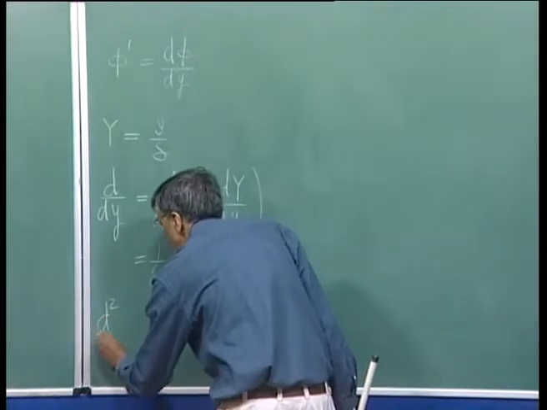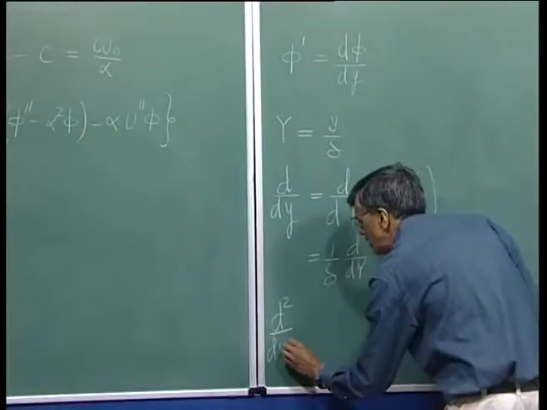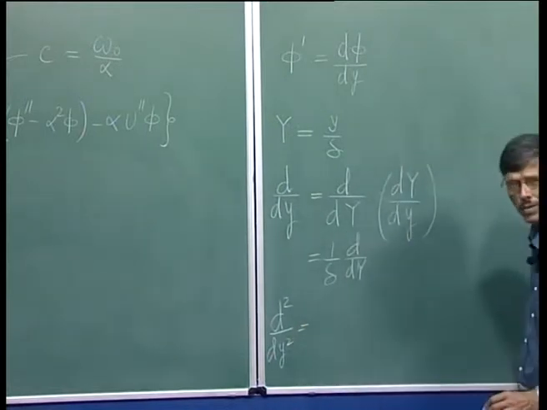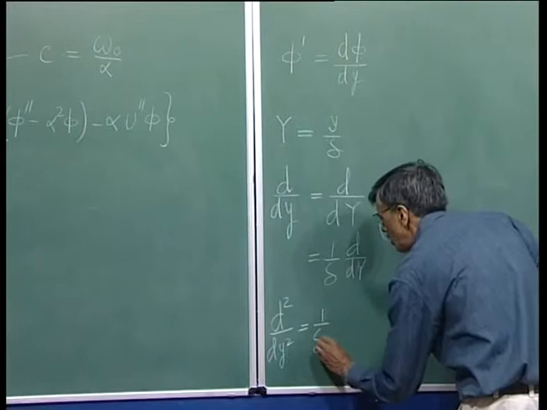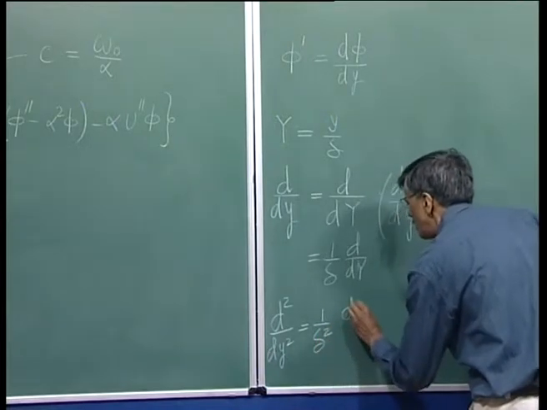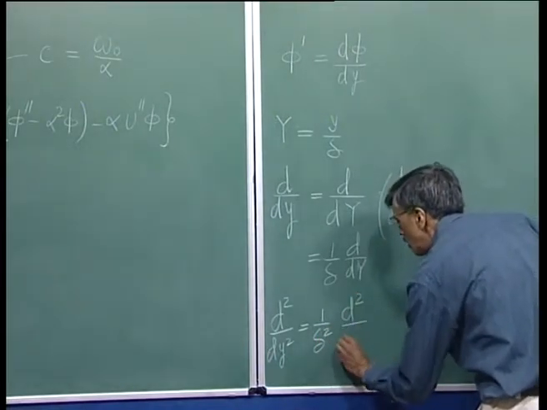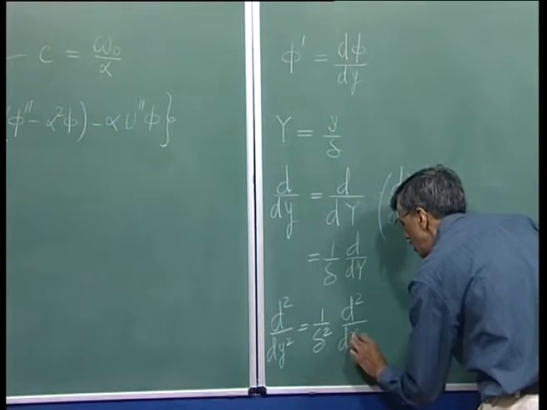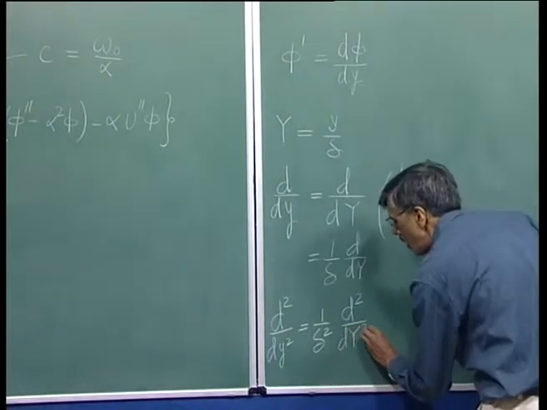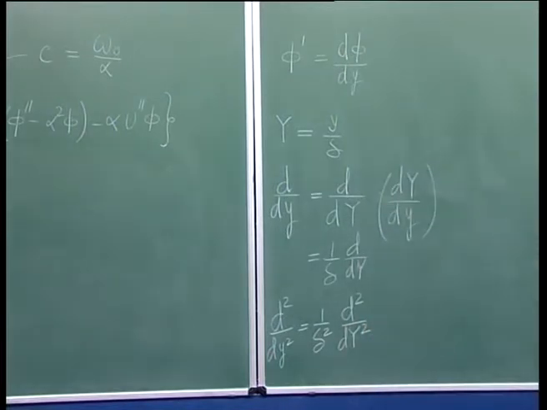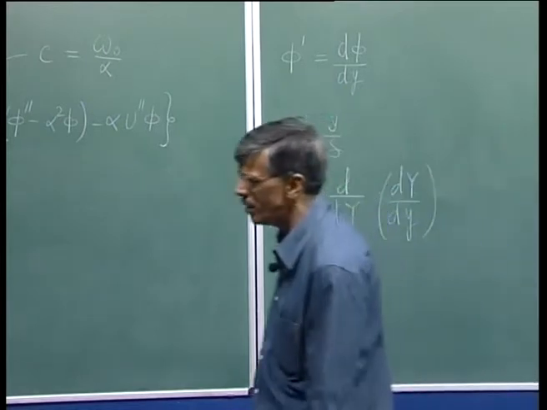You can obtain the second derivative. What will that be? 1 over delta square, and so on and so forth, and you do that. Then you see what happened.